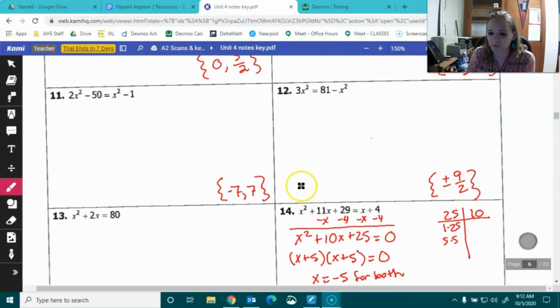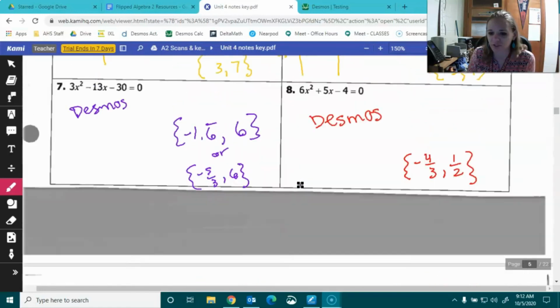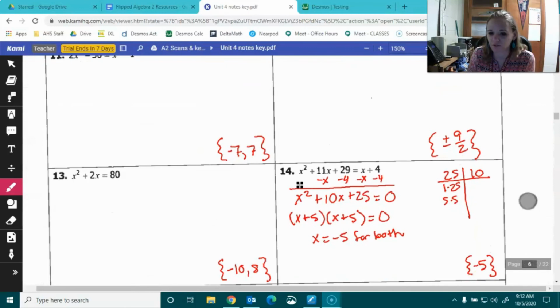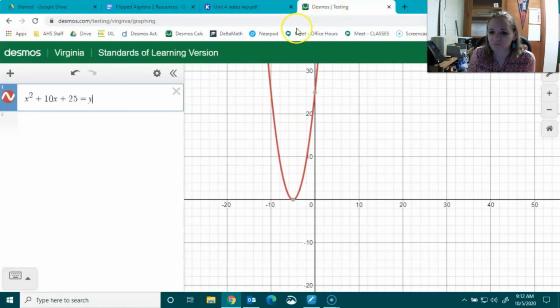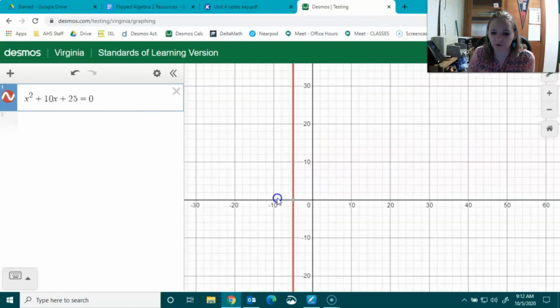This one kind of stood out to me because it had only one solution instead of 2. I want to show you why. It has to do with the graph. So x squared plus 10x plus 25 came out to 2 factors of positive 5, making both of their results for the solutions negative 5. What does that look like on the graph? If you graph this with the equal to 0, you get that one line like we saw before.